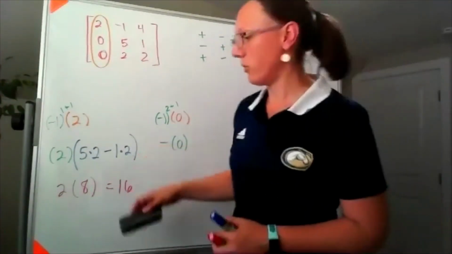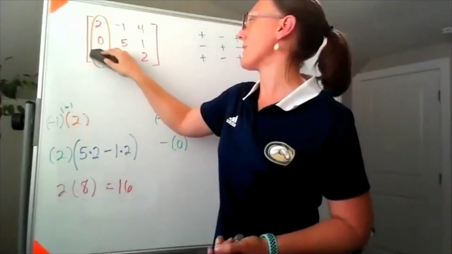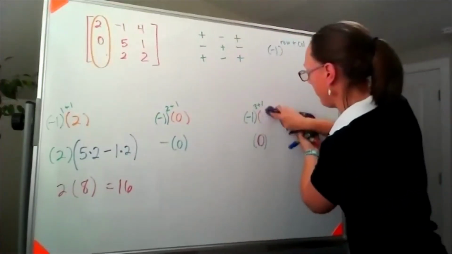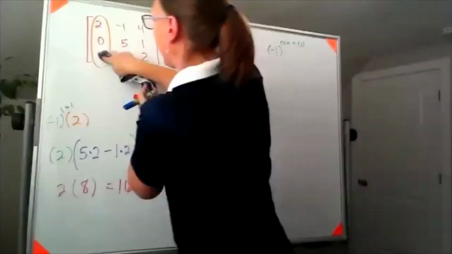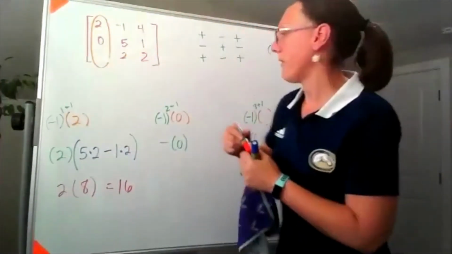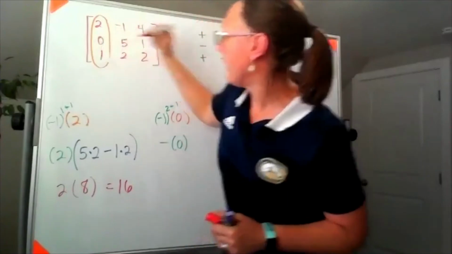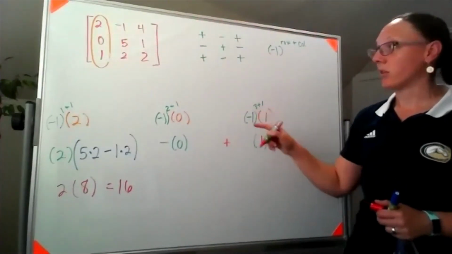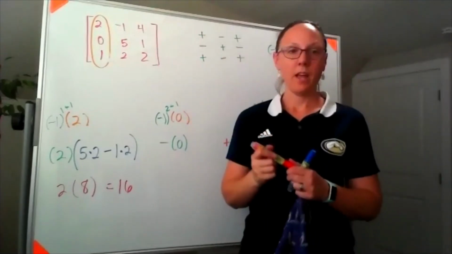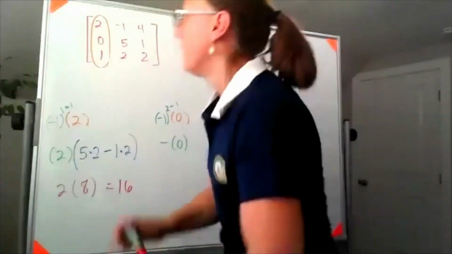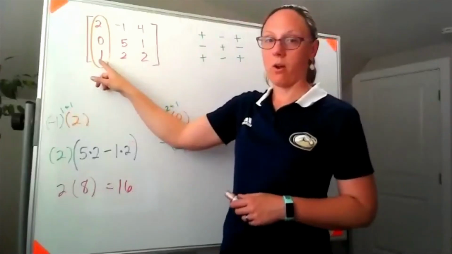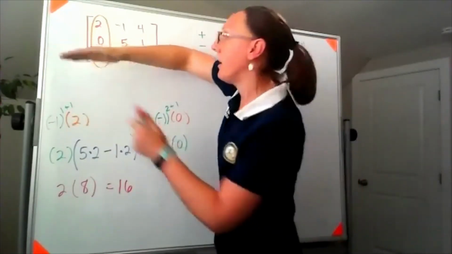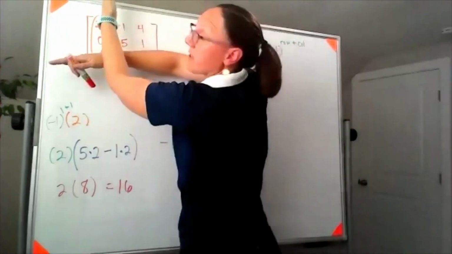But let's go back to the original problem I wrote, where that's a 1, which means this is also a 1. So I've got a 1 there, and a 1 there, and a 1 there. So similarly to what we did with the 2, that 1, it's in the 3rd row. So I'm going to imagine that I've blanked out the 3rd row and the 1st column.